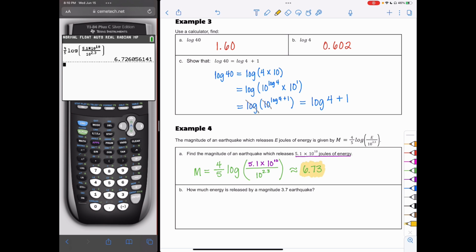So for part B, it says how much energy is released by a magnitude 3.7 earthquake.